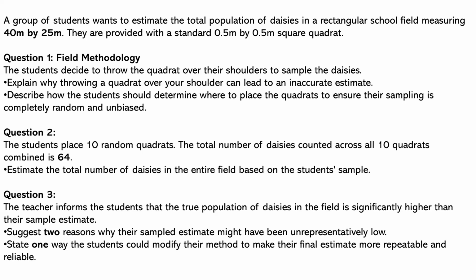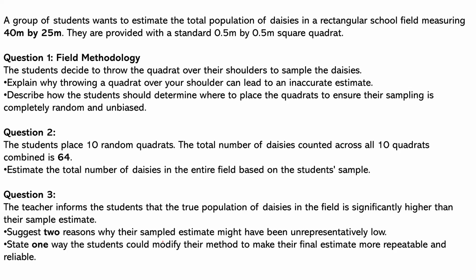Now, question number 3. The teacher informs the students that the true population of daisies in the field is significantly higher than their sample estimate. Now, it could be significantly higher or significantly lower. It then asks you to suggest 2 reasons why their sampled estimate might have been unrepresentative, too low.